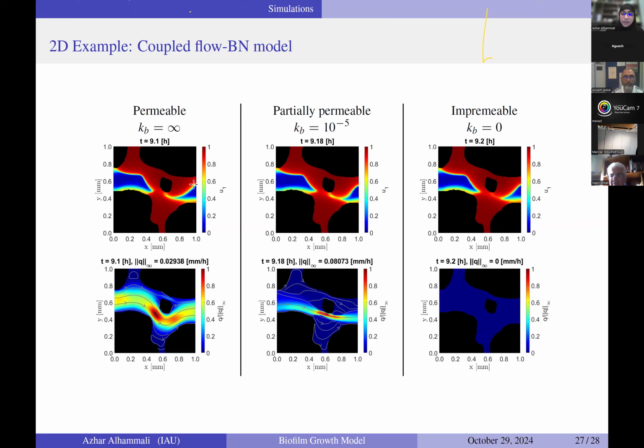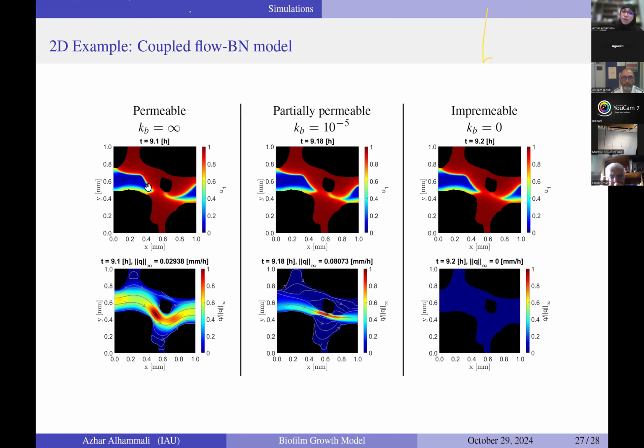We've seen that the biofilm forms and clogs completely the solid surface at this time. So it completed the clogging at this time, 9.1, which is faster than the other cases, the partially permeable case and the impermeable case. And this is what we expect.